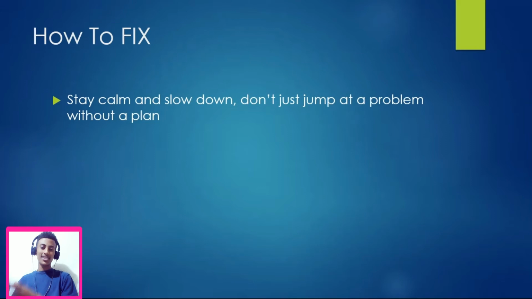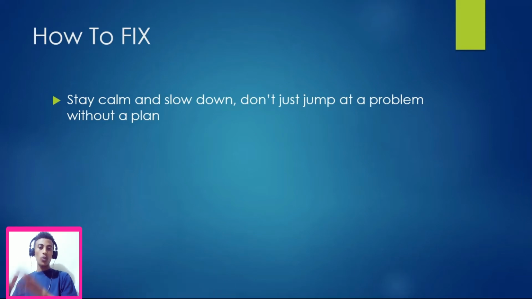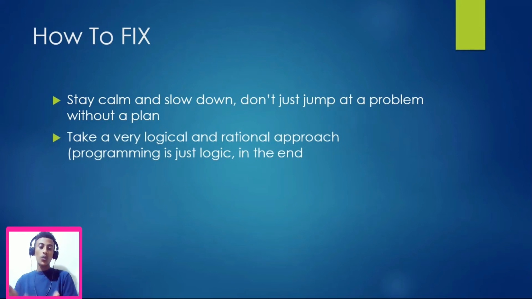So how do we fix these kinds of problems? Stay calm and don't jump at the problem without understanding it and without a plan. If you know the problem, don't go too fast. There may be a tricky question that will trip you up.